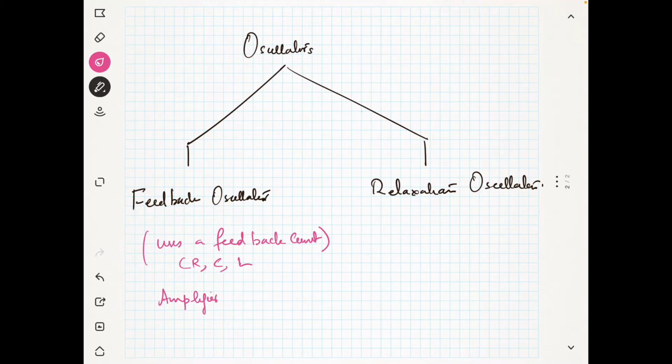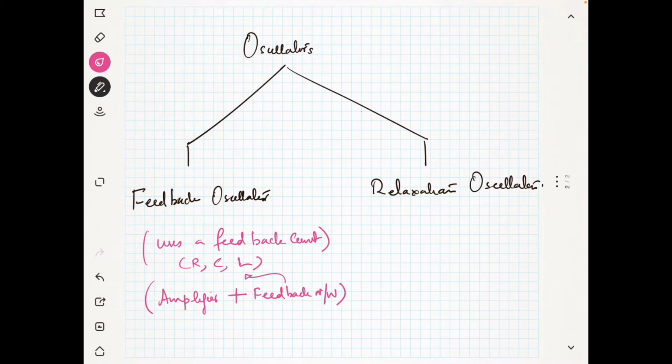That amplifier can be made using an operational amplifier, or by using a JFET, or by using transistors like your common emitter, common drain, common source amplifier, etc. So it contains an amplifier and a feedback network, and this feedback network may contain R, L or C elements.